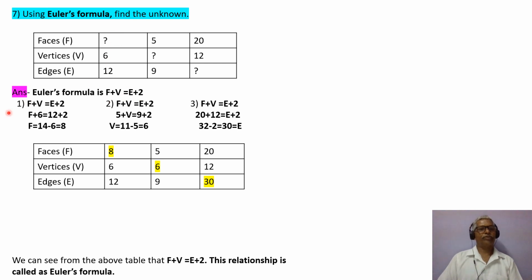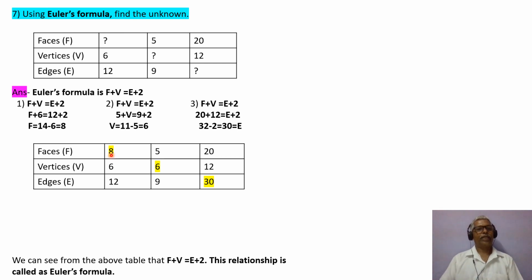If you take this first one, F plus V equal to E plus 2, F is to be determined, plus 6 equal to 12 plus 2, this is 14. So F equal to 14 minus 6 is 8. The answer is given here.